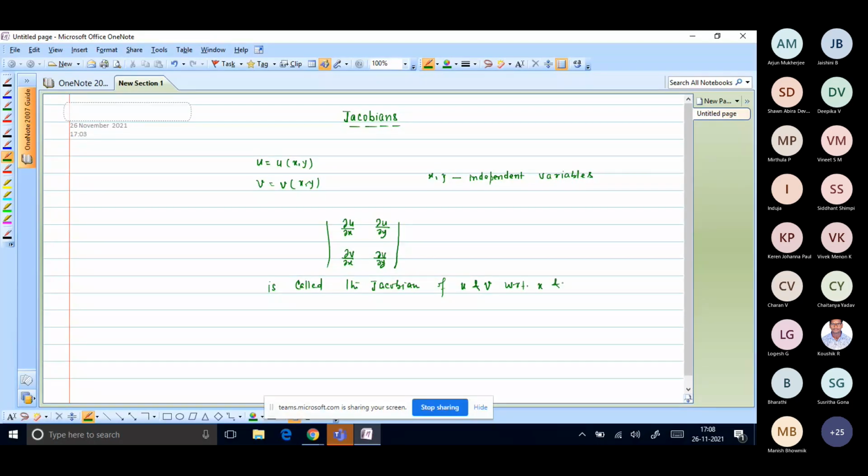And we denote the Jacobian by J. I write it like J of u, v upon x, y, or I can prefer the partial derivative notation, del (u, v) upon del (x, y). Or if the context is clear, then we will simply denote it by J also. So this determinant is called the Jacobian.